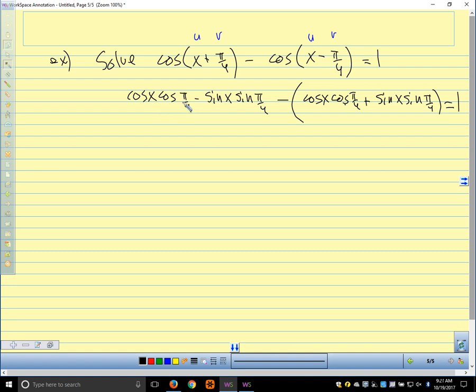We have a cosine x cosine pi over 4 minus cosine x cosine pi over 4. Those go away. We have a minus sine x sine pi over 4 minus sine x sine pi over 4. So we get minus 2 sine x sine pi over 4 equals 1.